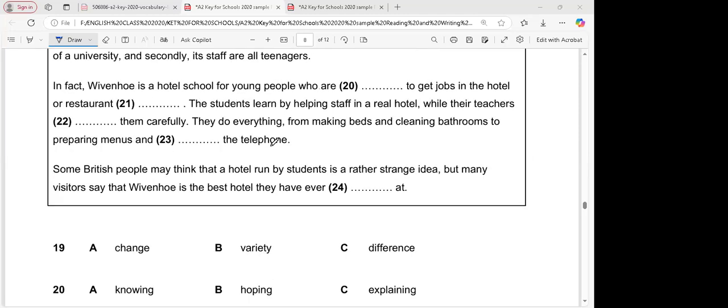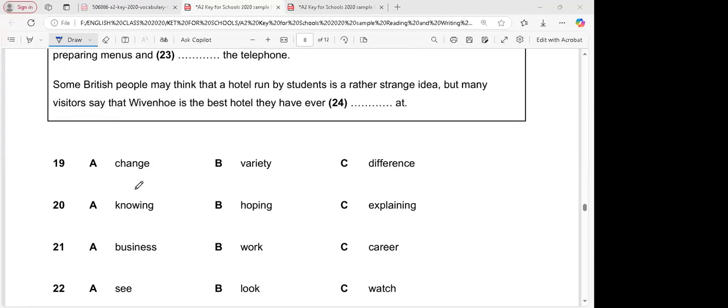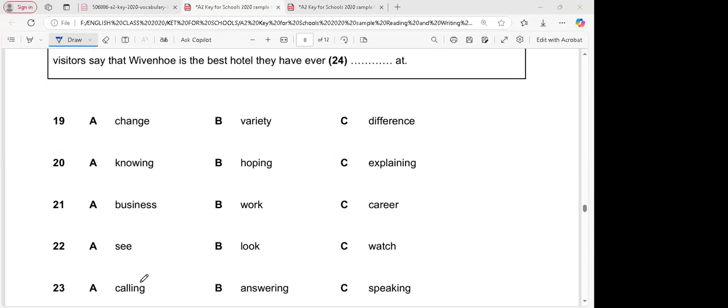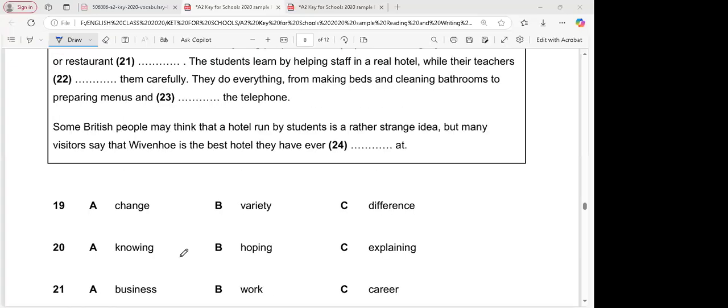Which one is matching? The students learn by helping staff in a real hotel while their teachers see or look or watch them carefully. They do everything from making beds and cleaning bathrooms to preparing menus and calling, answering or speaking on the telephone, right?